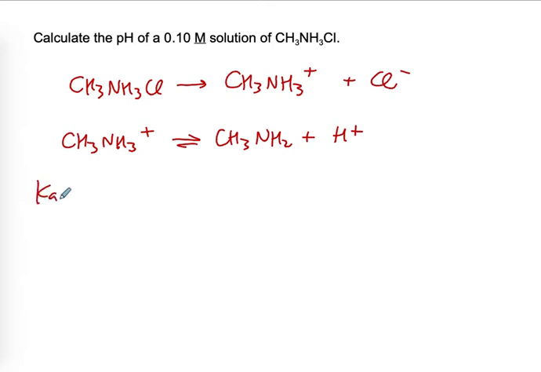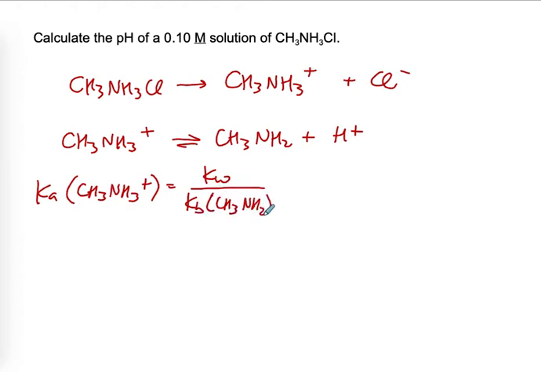First of all, let's calculate Ka. Ka for the methylammonium cation will be equal to Kw divided by Kb for methylamine, which is on our table of weak base ionization constants. So this is 1.0 times 10 to the negative 14th over 4.4 times 10 to the negative 4th, or 2.3 times 10 to the negative 11.